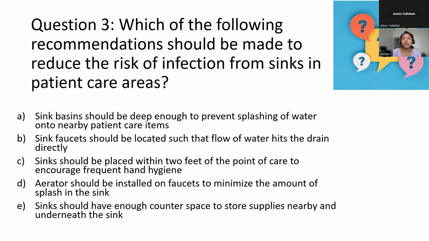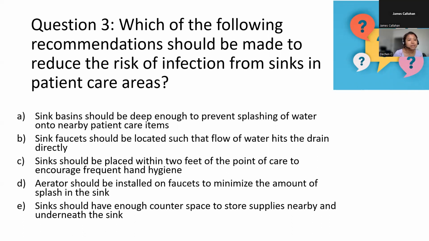Question 3. Okay, so which of the following recommendations should be made to reduce the risk of infection from sinks in patient care areas? A, sink basins should be deep enough to prevent splashing of water onto nearby patient care items. Or B, sink faucets should be located such that flow of water hits the drain directly.